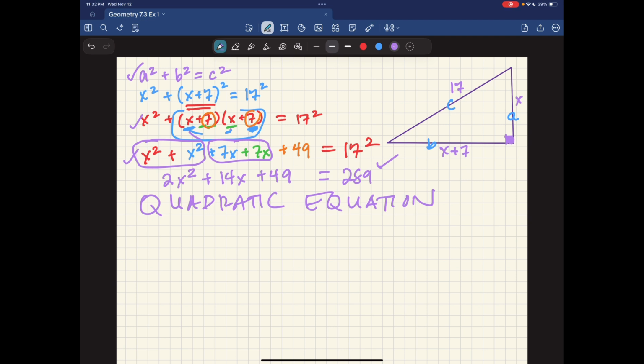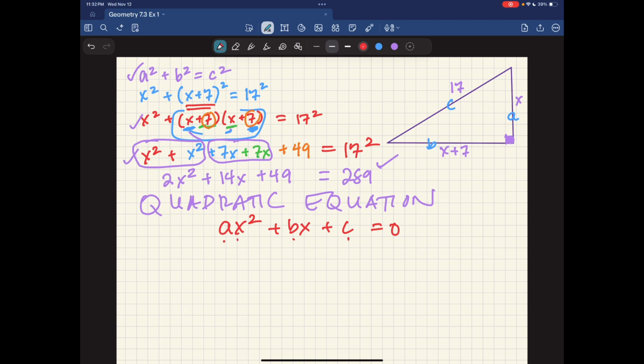All right, so the quadratic equation says ax squared plus bx plus c equals 0, okay? This is the quadratic equation. Notice we've got a, b, c.